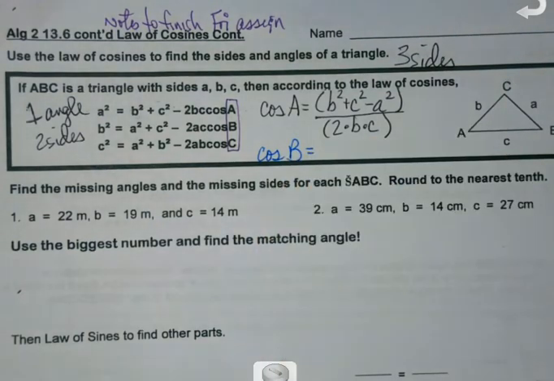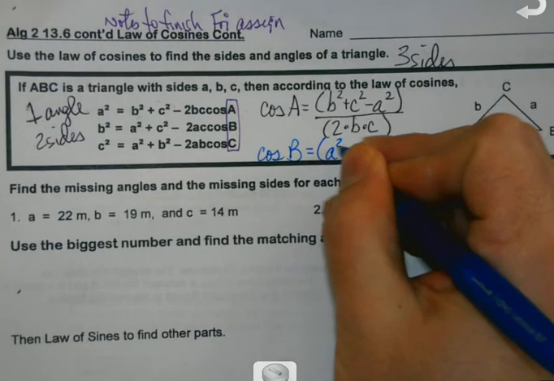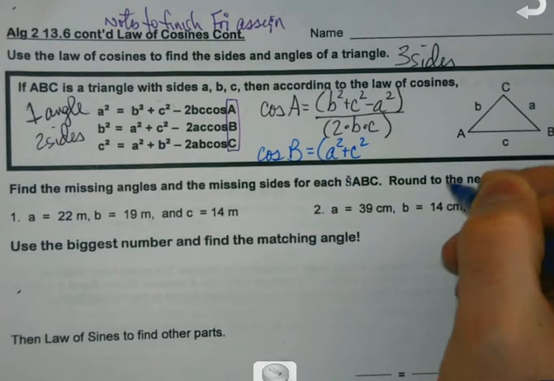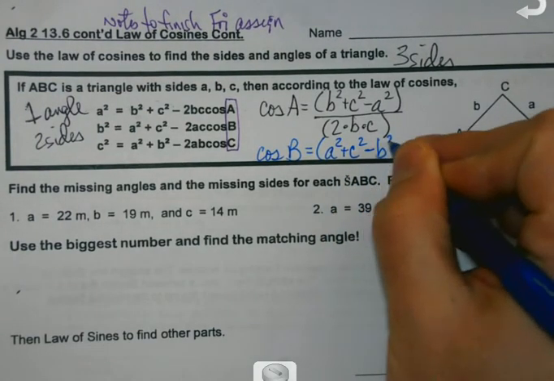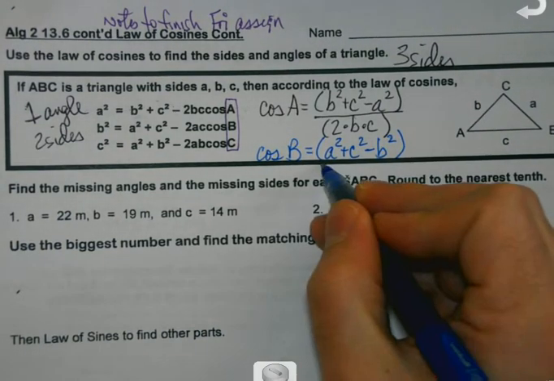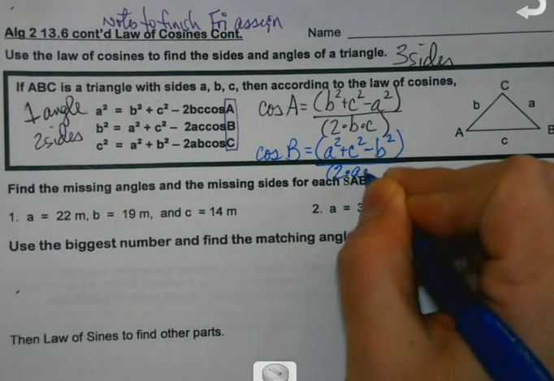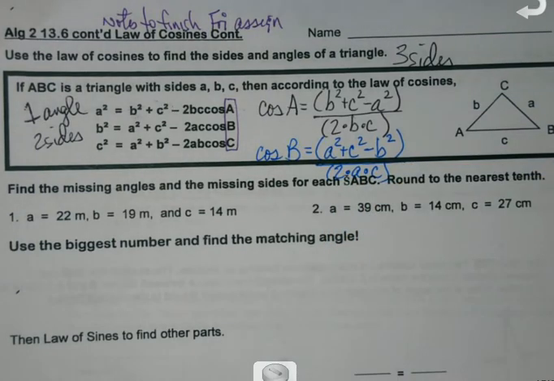So like if I'm looking for B, I'm going to take the squares of the other two sides, not named B, and subtract the B squared side, and that would be over 2 times A times C. So we don't see a whole lot of the variable that we're actually looking for. It's mainly the other two that we're going to write in. And then that last one, because of course we have to have one for C.